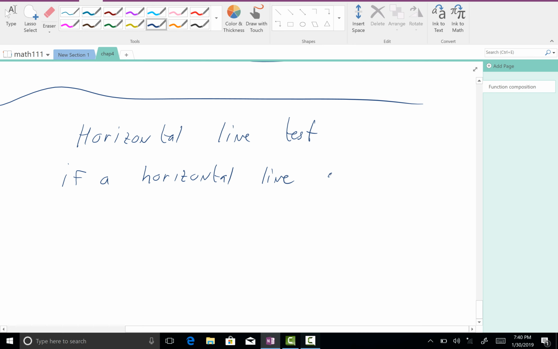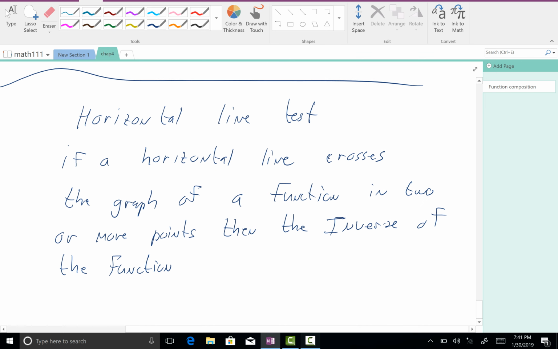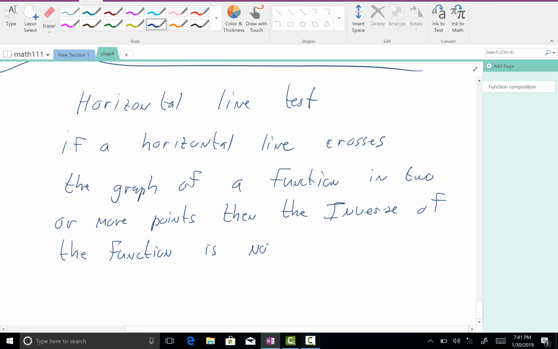If a horizontal line crosses, intersects, touches, whatever word you want to put in there, the graph of a function in two or more points, then the inverse of the function is not a function.